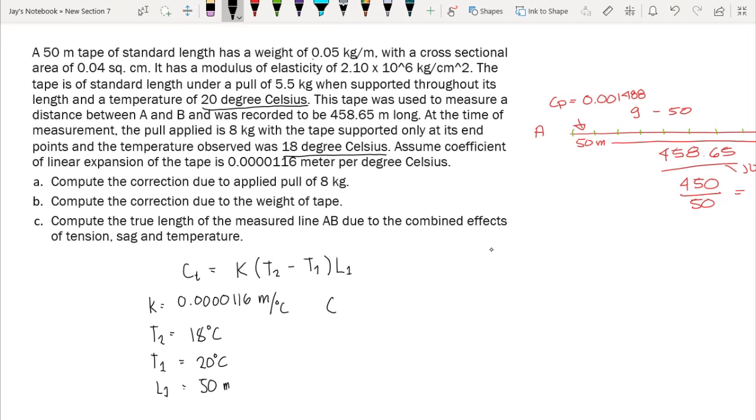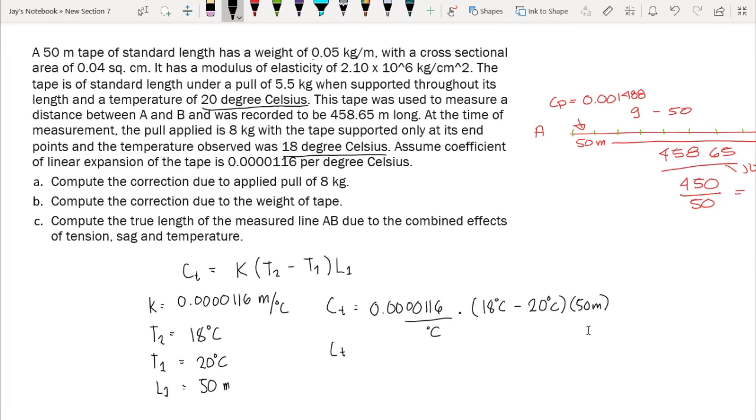So we have correction due to temperature is equal to 0.0000116 per degree Celsius, times T2 of 18 degrees Celsius, minus T1, which is 20 degrees Celsius, times the length L1, which is 50 meters.